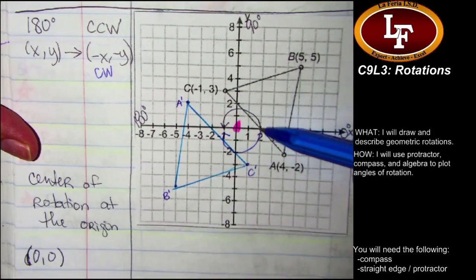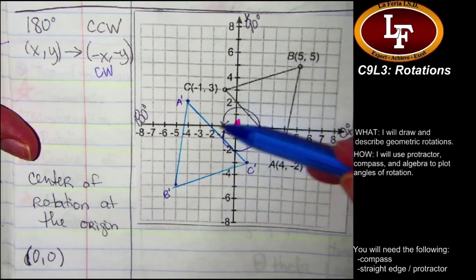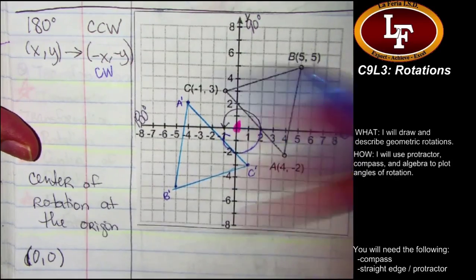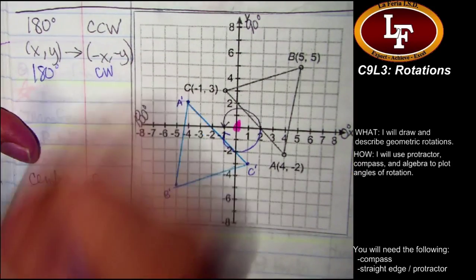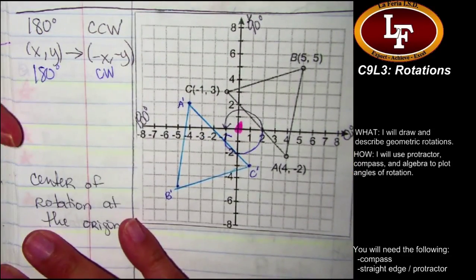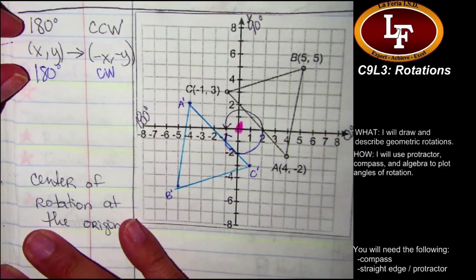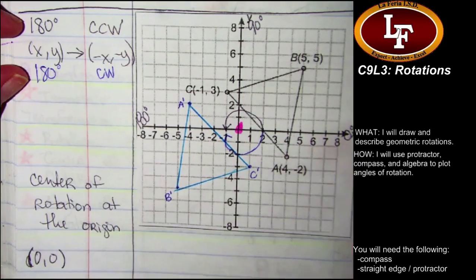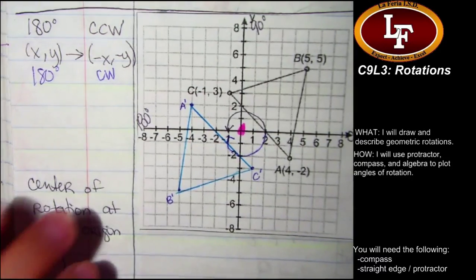How far did I go to get from here to the same place? 180 also. Do you notice a pattern with these numbers? They all equal 360, which is a full rotation around the circle.